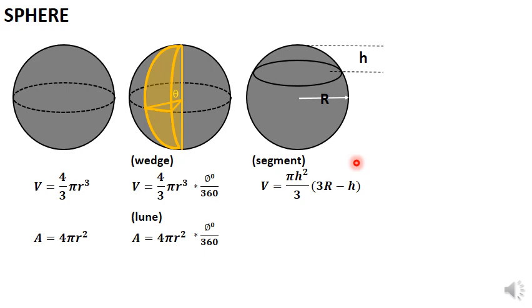The volume of the segment we compute using this formula. And if we are only concerned with the area of this solid, then we are referring to the zone. The area of the zone is defined by that formula.